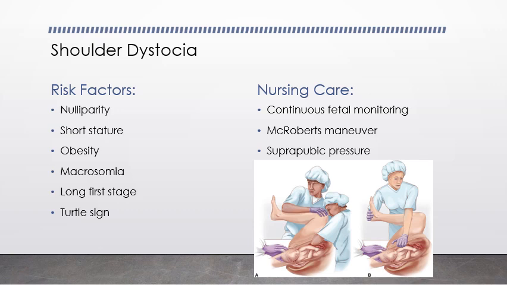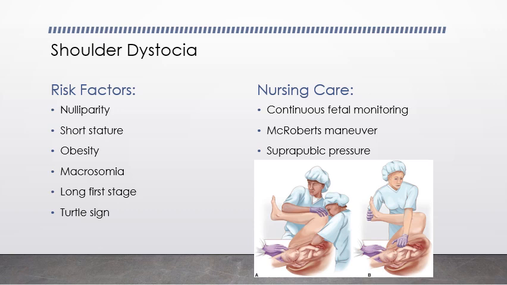Second, the provider will probably say McRoberts maneuver or get her legs back. So the graphic underneath on the left-hand side is flexing those hips back toward the maternal abdomen, and you'll also want to lower the head of the bed so that the woman is flat.